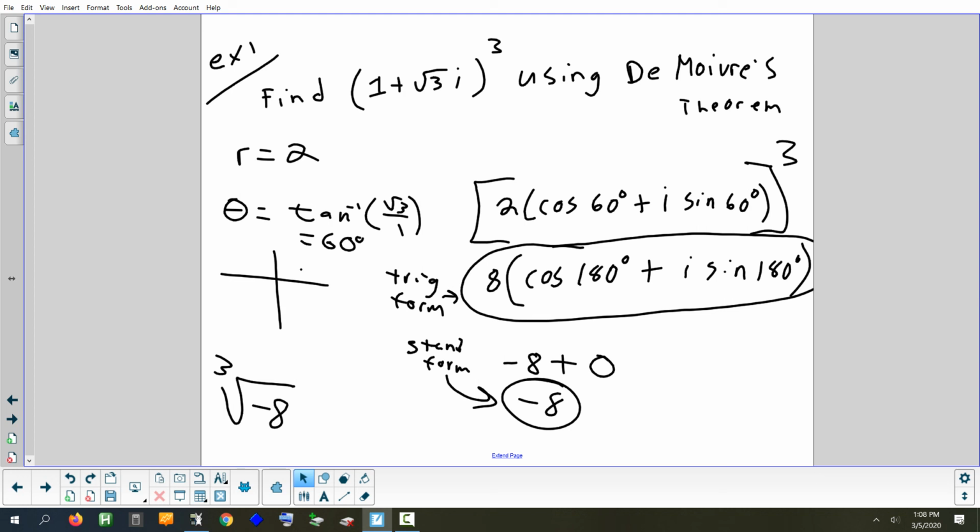Is negative 2 times negative 2 times negative 2 negative 8? Yes, that's one of the answers. But another answer, if you take the cube root of negative 8, is 1 plus root 3i. So we're going to learn that whenever you take a root, there's as many roots as the root you're trying to find. Cube root has 3 answers. Square roots always have 2. I think the highest one we're going to do is a 5th root, and it has 5 answers.